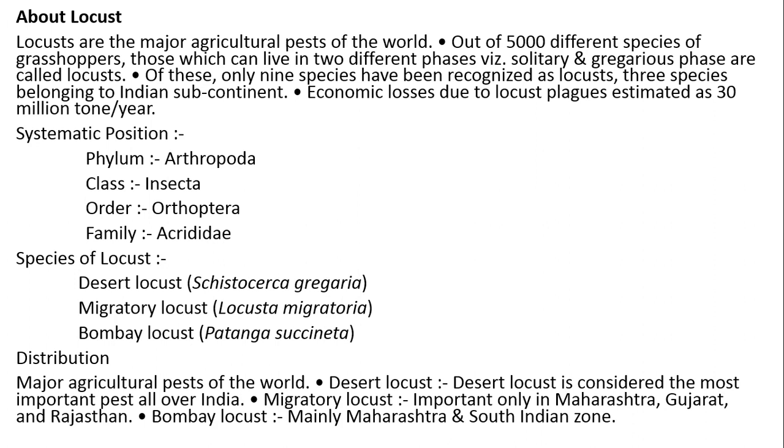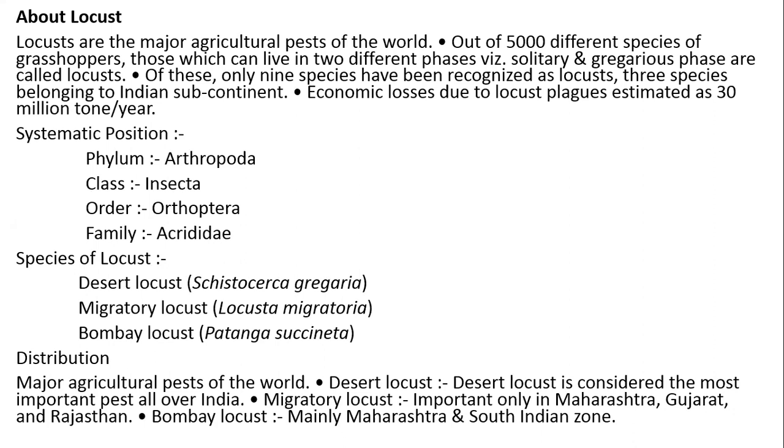Of those, only 9 species have been recognized as locusts. 3 species belong to the Indian subcontinent. Economic losses due to locust are estimated as 30 million ton per year.